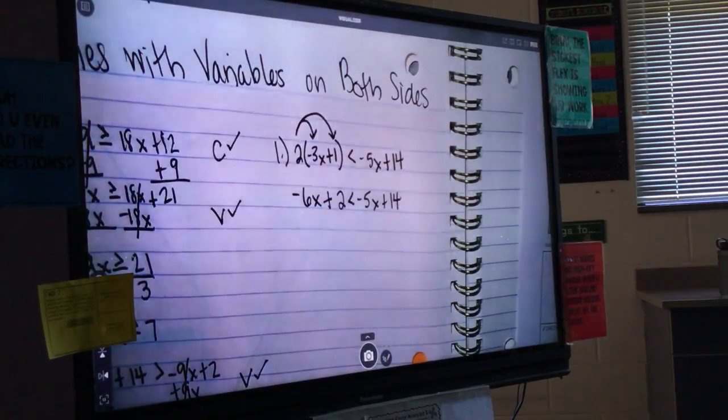Yes, she distributed. 2 times negative 3x, which got negative 6x. She did the other side. So negative 6x plus 2, less than negative 5x plus 1.